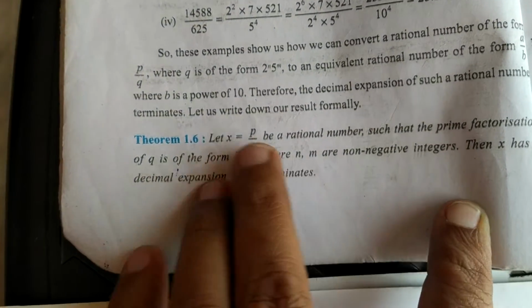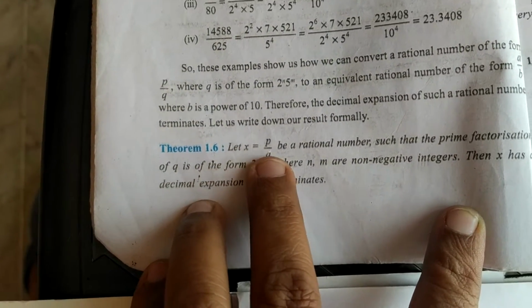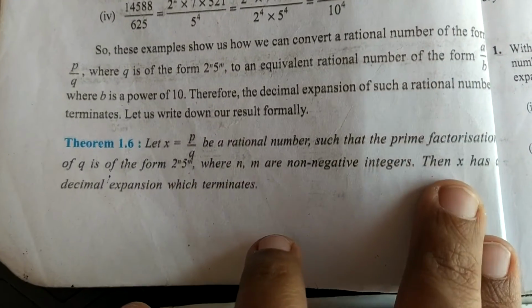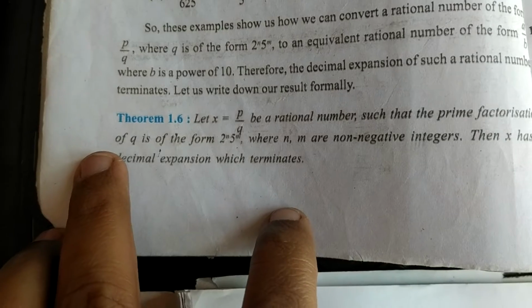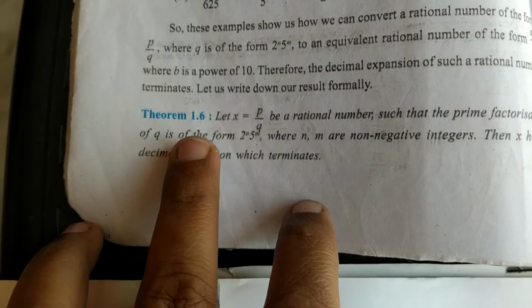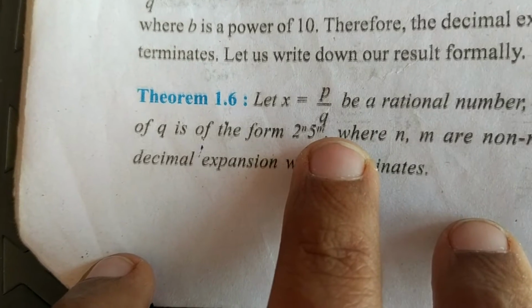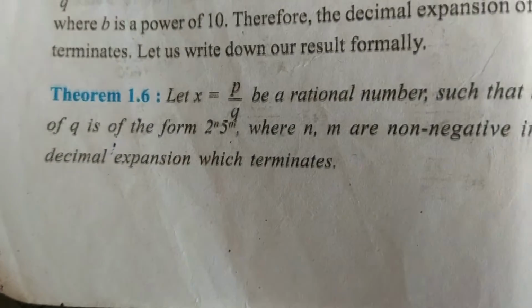What is in these two theorems? Let x equal p by q be a rational number such that the prime factorization of q is of the form 2 power n into 5 power m, where m and n are non-negative integers.